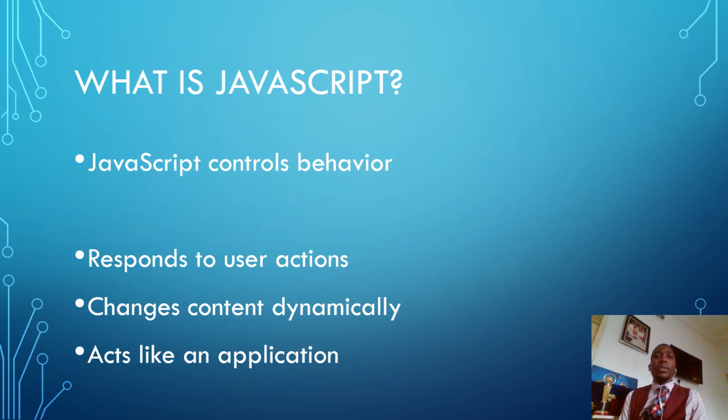Just the way you have your native applications that you download from the Google Store, your JavaScript on a web page using a browser makes your web page act like an application. So it gives attitude, it gives behavior. So you can see why JavaScript is very important.